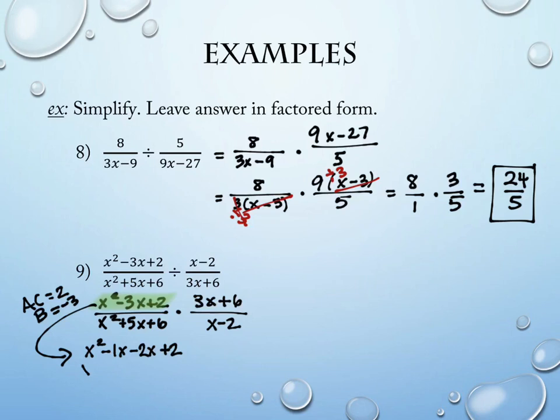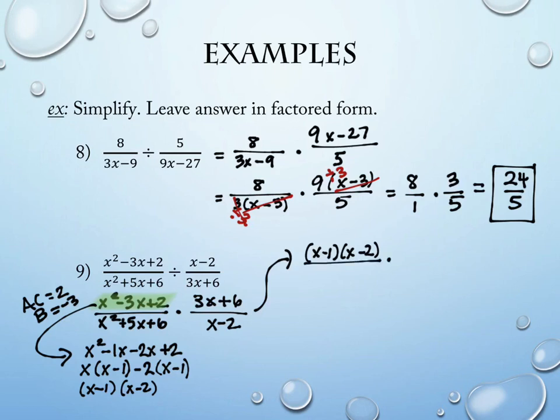On the first one, I pull out an x, and I'm left with x minus 1. On the second one, I have to pull out a negative 2, and I'm left with x minus 1. Pulling out negatives trips people up a lot of times, so be careful with that. So an x minus 1 is there, and an x minus 2 is there. Now I have x minus 1, x minus 2. That's the first piece.